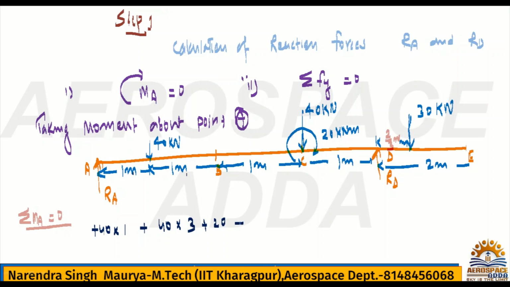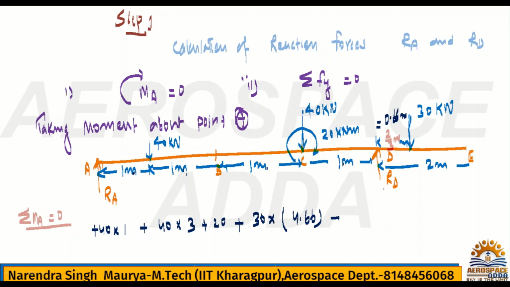Now plus, because of this 30 kilonewton also will have a moment. And what is the total distance? It is 1 meter, 1 meter, 1 meter, 1 meter, 4 meter, plus 2 by 3. If you solve 2 by 3, it is nearby 0.6, so 4.6, 30 into 4.6.